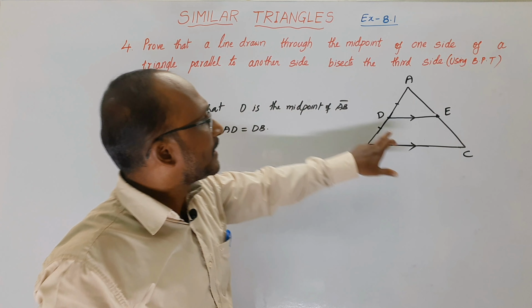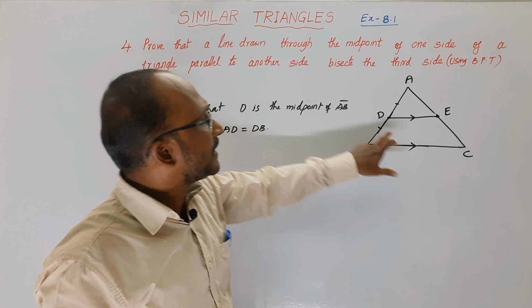For this, first let us consider the triangles ADE and BDE. Students, if you observe, these two triangles stand on the line segments AD and DB, which are on the side AB. Now, let us take the ratio between the areas of these two triangles ADE and BDE, that is, half into AD into EN by half into DB into EN.